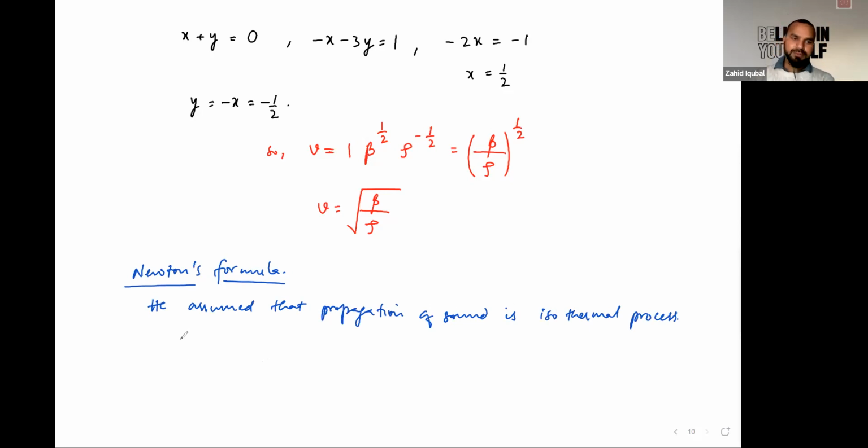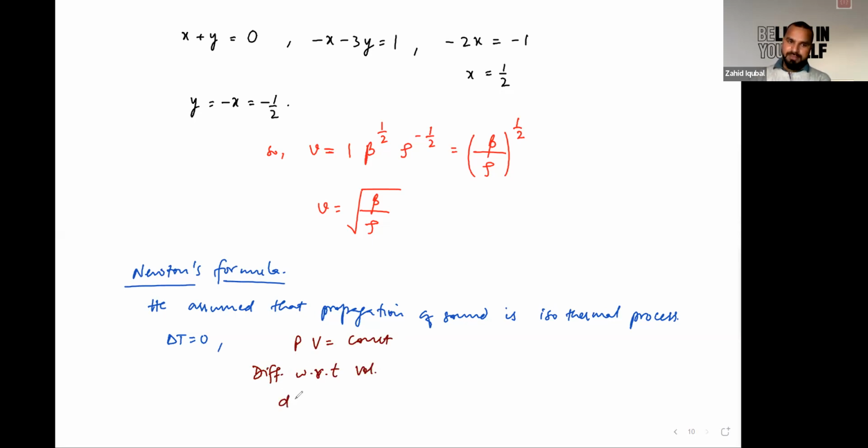So for isothermal process, delta T equals to 0, equation of state will be PV is equals to constant. Since temperature is constant, so differentiate this particular part, differentiating with respect to volume.